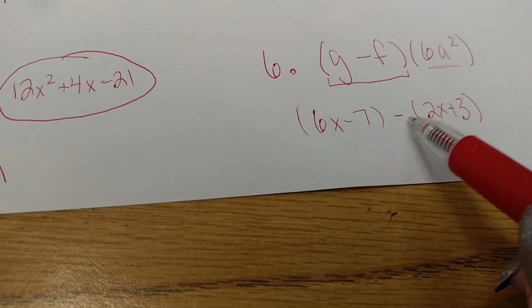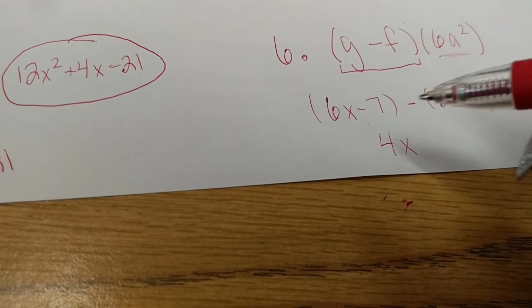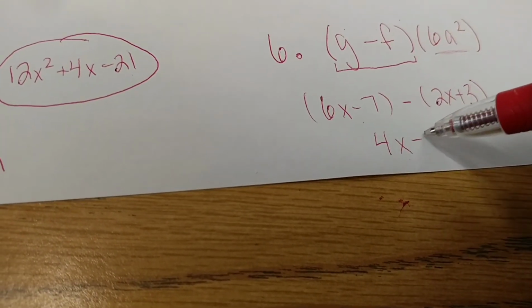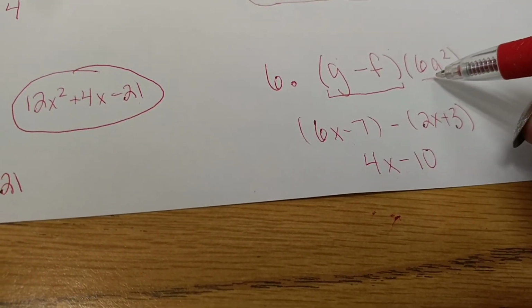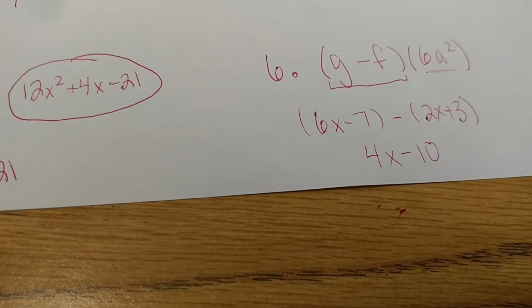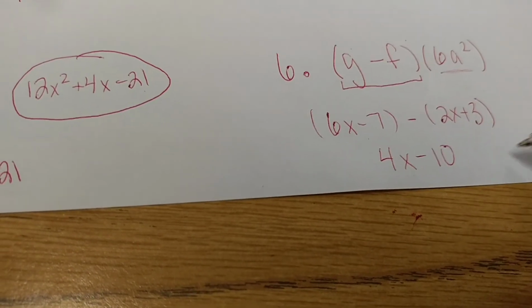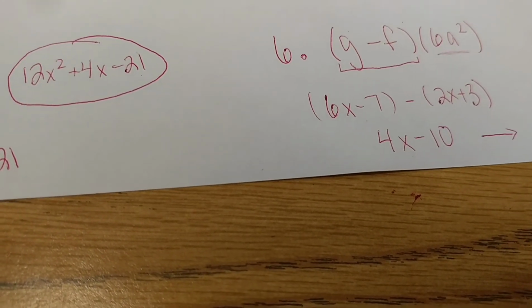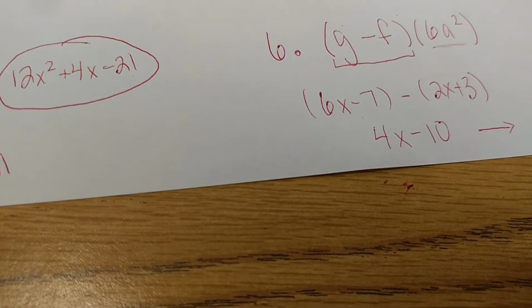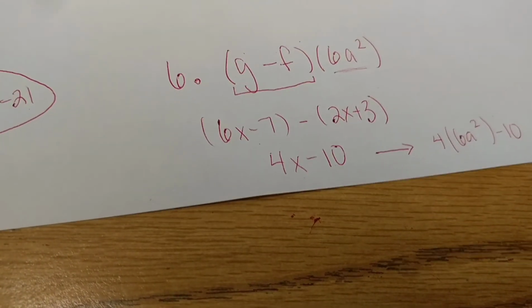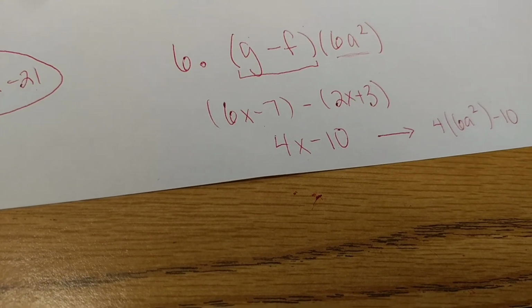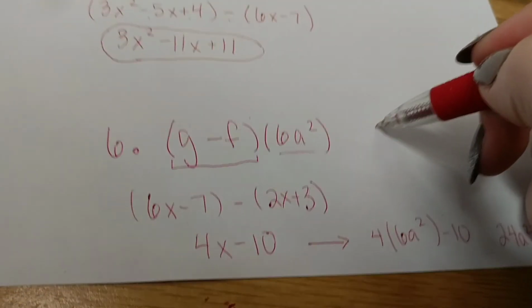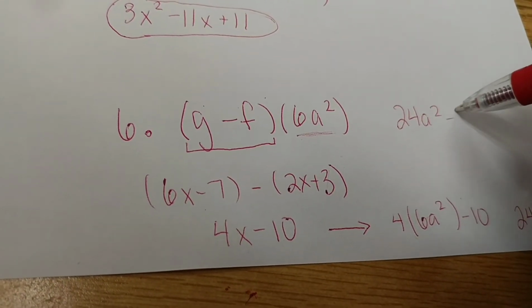So we'll do 6x minus 2x, which is 4x, and negative 7 minus 3, which is negative 10. Now, because what's in parentheses is not what is in our original problem, we substitute. That's going to be 24a squared minus 10. No more terms can we add together. So the answer to this would be 24a squared minus 10.